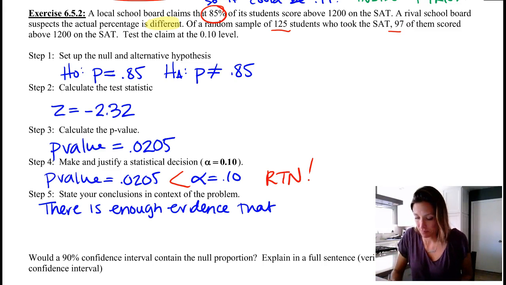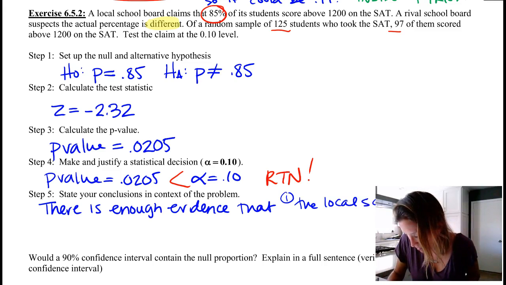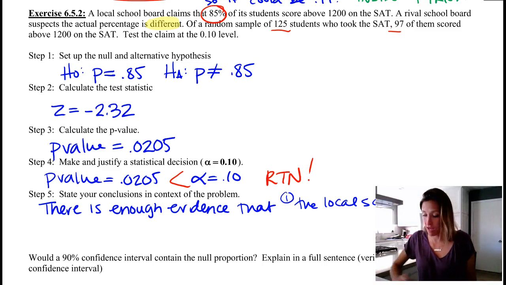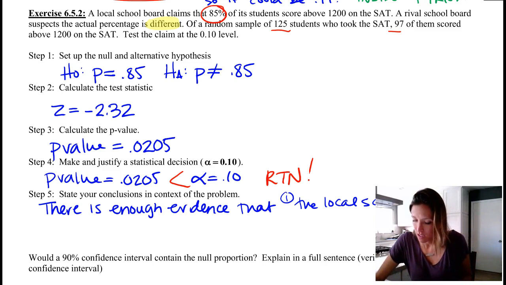Option number 1, we could write the local school board claim is incorrect, right? Their claim was that it was 0.85. We just showed that it wasn't 0.85, based on our hypothesis test.